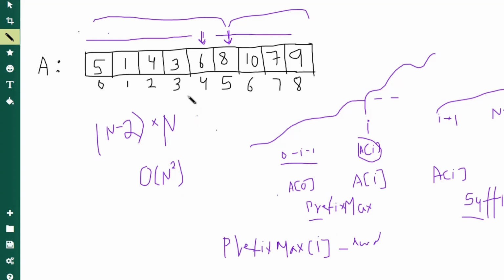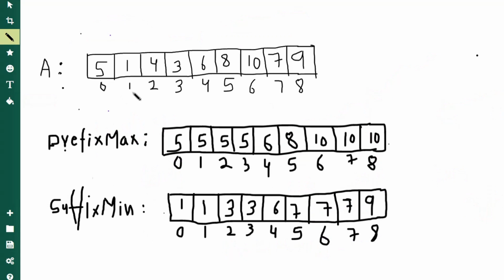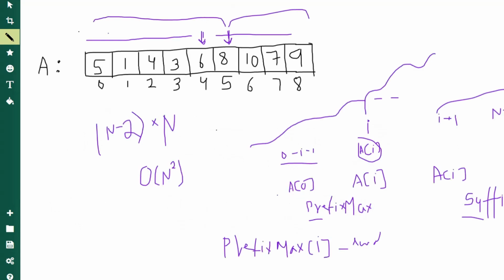So once we pre-process these two arrays, we have something like this. For the given array A, we have the prefix max array pre-processed like this and a suffix min array pre-processed like this. Once we have this configuration, it is very easy.